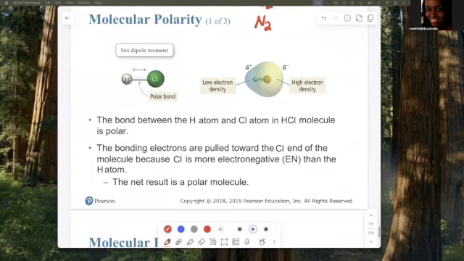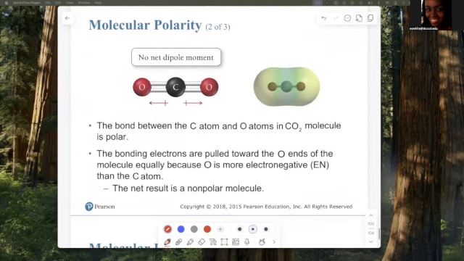Okay, so of course this is going to be polar right here. When you look at carbon dioxide, this is a Lewis structure right here. Central atom, once again, is carbon. What is surrounding it? This is symmetrical.